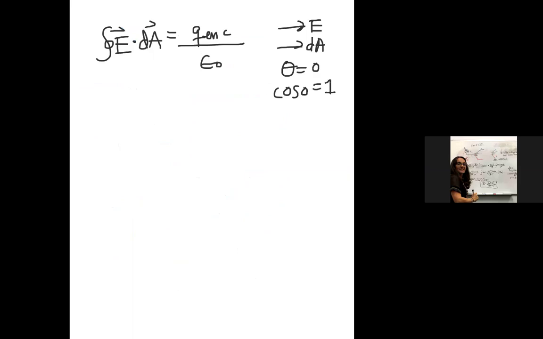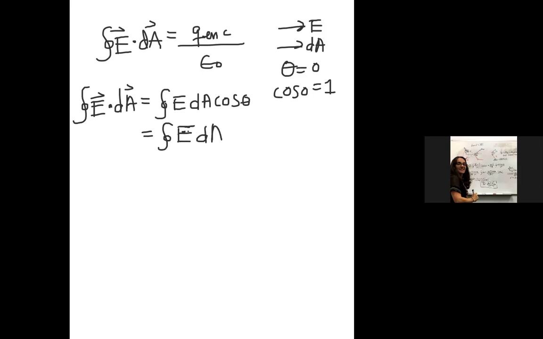So E dot dA becomes E dA cos theta, which becomes just E dA. The electric field is not changing, I'll let you know when it does.